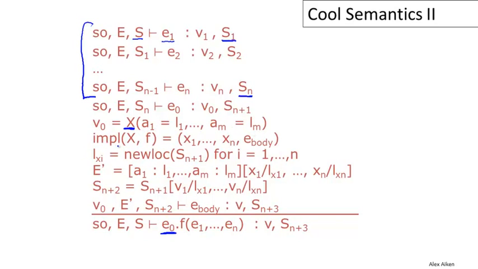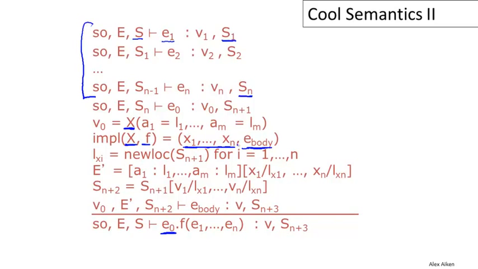This is what kind of object V0 actually is when the program is running. And we're going to use that class to look up the definition of f that we should run. So we look for the method f in class X. We want to know its implementation. And in particular, we get the names of the formal parameters, x1 through xn, and we get the body of the method.